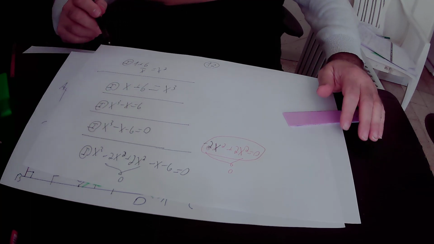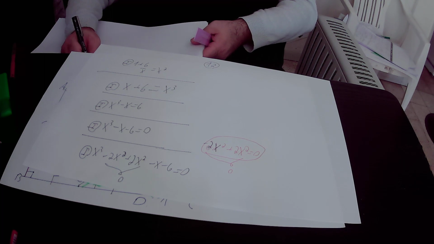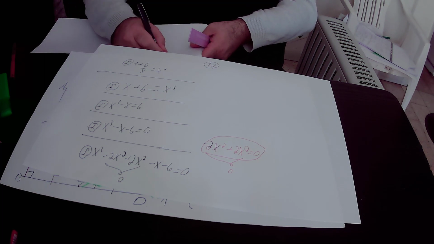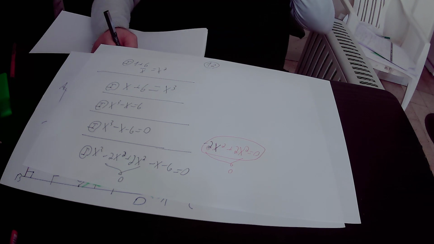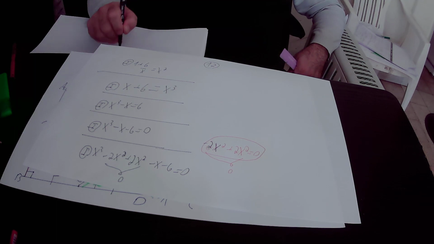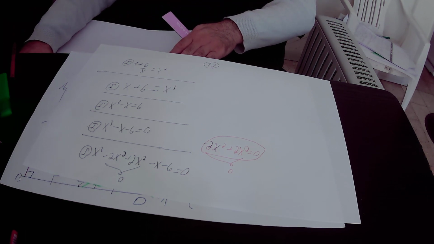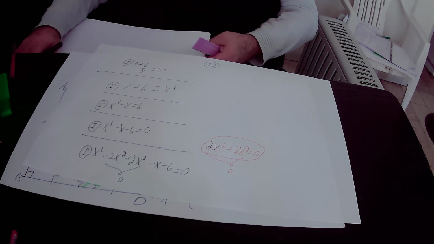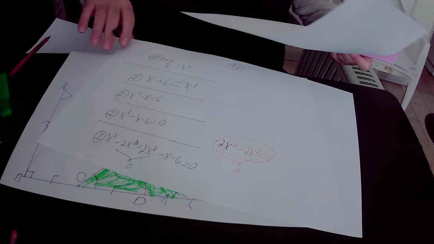So I will copy equation number 1 again: x cubed minus 2x squared plus 2x squared minus x minus 6 equals 0.